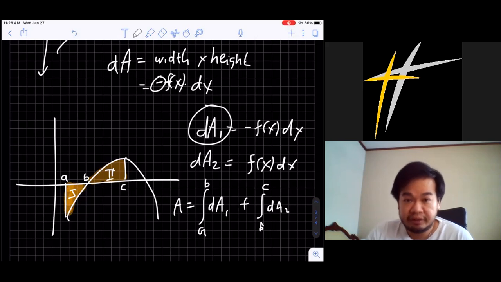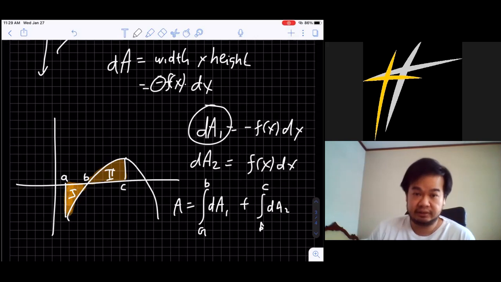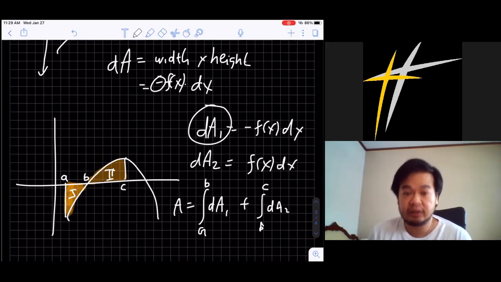If the graph is above the x-axis, then it is positive. If the graph is below the x-axis, then you should add the negative, because the height of the rectangle is always a positive number. That's the concept you need to keep in mind when you want to calculate the area of a certain region on your coordinate axis.